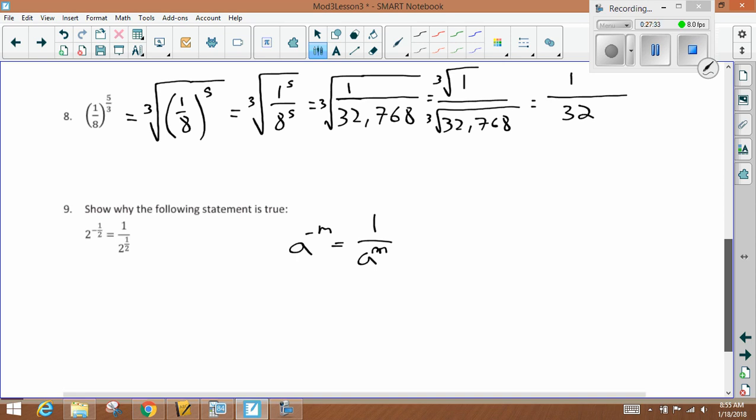Okay. Now I'll use algebra instead. If this is my denominator, I multiply both sides by 2 to the 1/2 power, right? That's what makes the 2 to the 1/2 power go away in my denominator, and I wind up with 2 to the 1/2 times 2 to the negative 1/2 equal to 1, right?